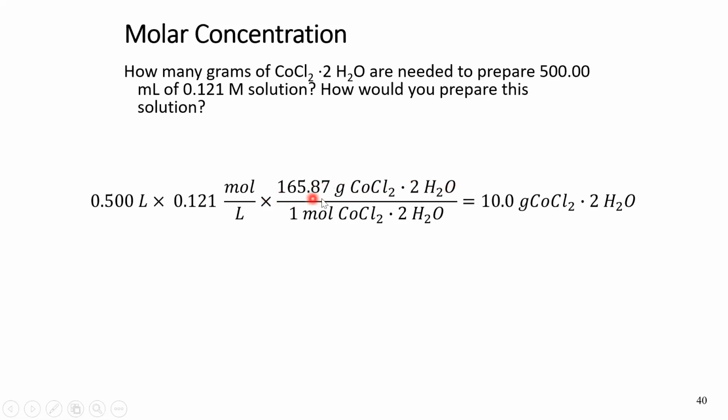And that gives us our molar mass. And then we take 0.500, multiply it by 0.121, multiply it by 165.87, and that's going to tell us we need 10.0 grams of cobalt chloride dihydrate in 500 milliliters of total solution to give us a concentration of 0.121 molar.